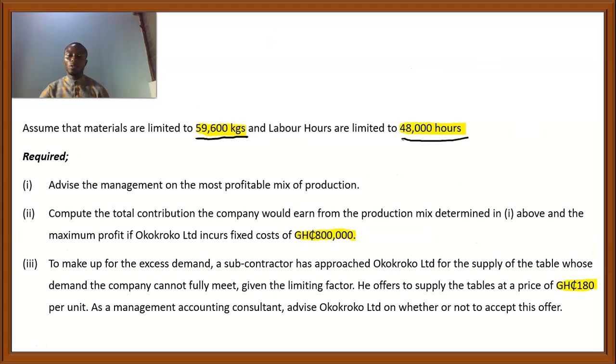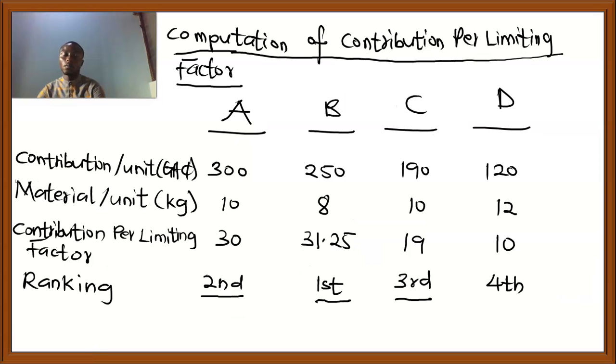The question also tells us to determine the maximum profits if Okokroko incurs fixed cost of 800,000. So we have determination of maximum profits.